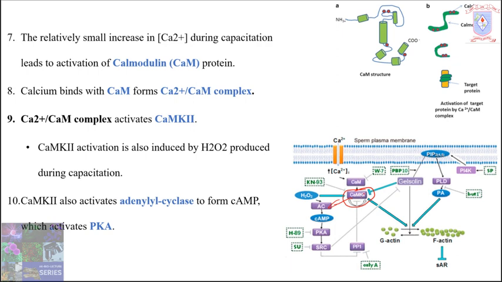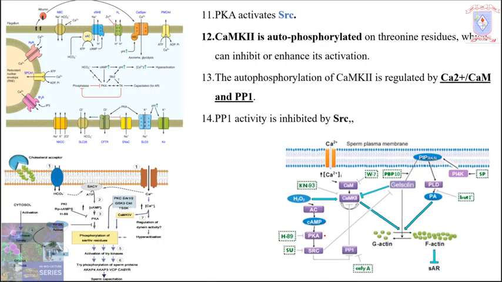So the CaMKII activates adenyl cyclase, and adenyl cyclase activates the production of cAMP, and the elevated level of cAMP in the cytoplasm activates the protein PKA. So what is the function of this PKA? PKA activates another tyrosine kinase, another protein named SRC. Here you can see PKA activates SRC.